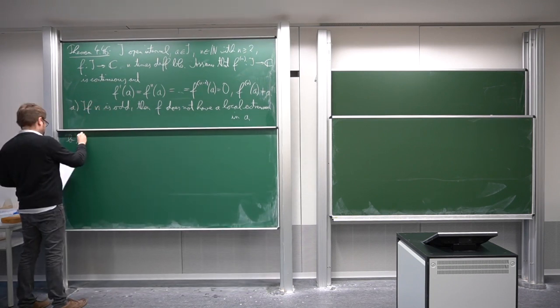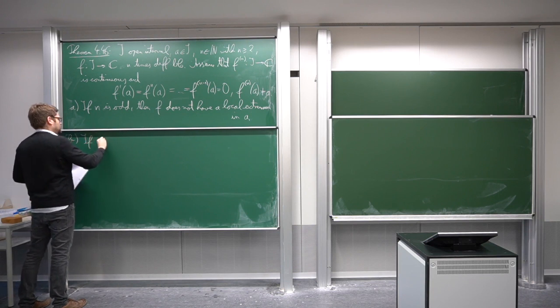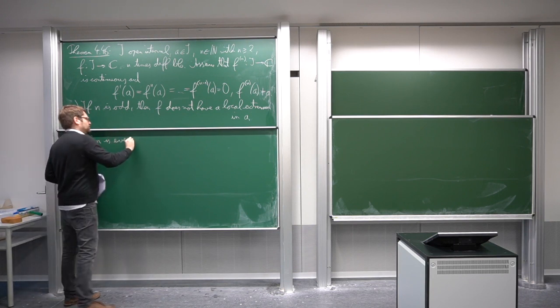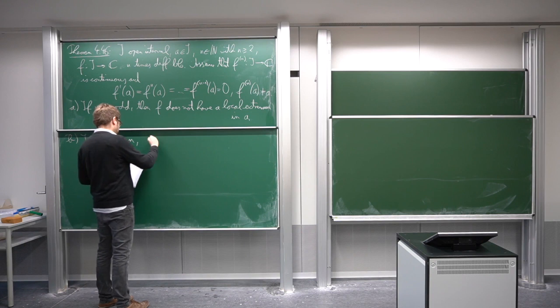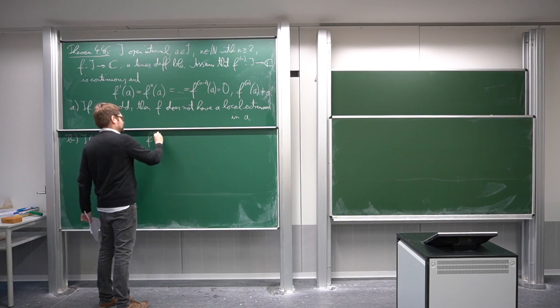If n is even, now we have to distinguish if it's a minimum or a maximum, and this can be done by the sign of the derivative.